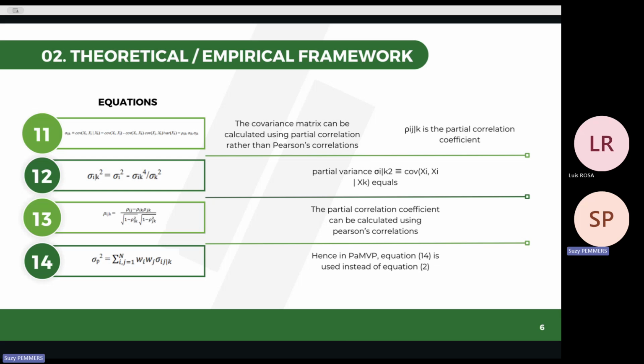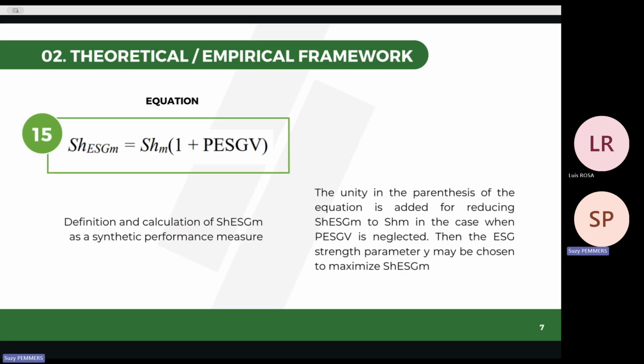And finally, we have the most important equation, equation 15, which is the new ESG ratio. This ESG tilted Sharpe ratio combines financial performance and ESG impacts, providing a comprehensive evaluation of the portfolio.